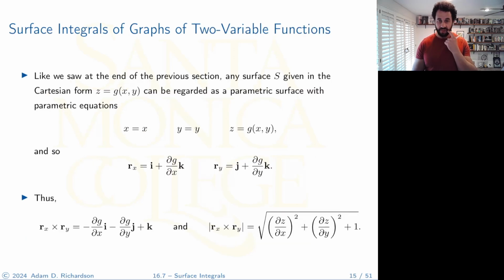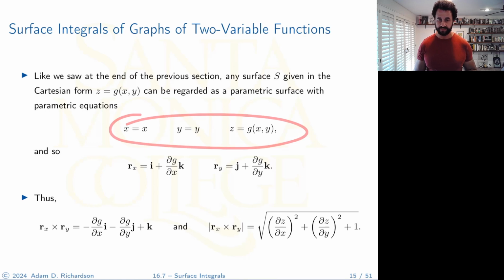Okay, now let's look at surface integrals of graphs of two variable functions. Like we saw at the end of the previous section, any surface S that is given in Cartesian form, where z is a function of x and y, you can describe as a parametric surface with these equations, right?